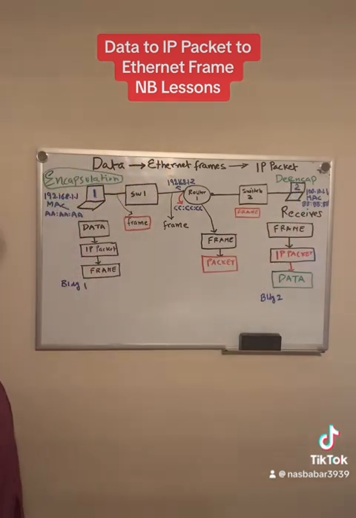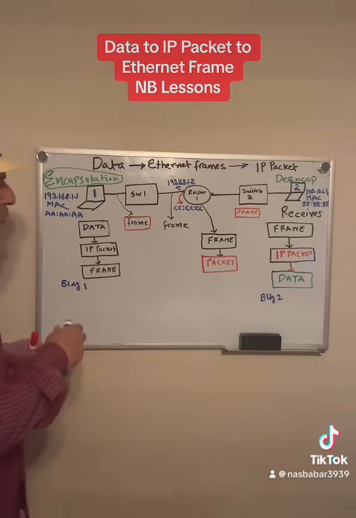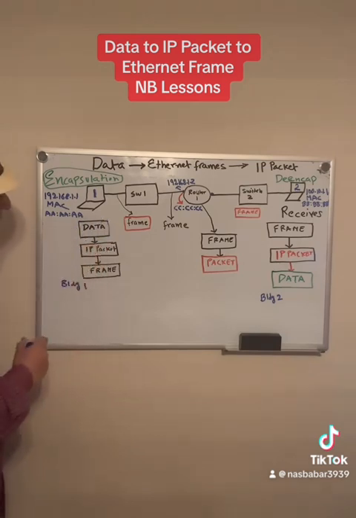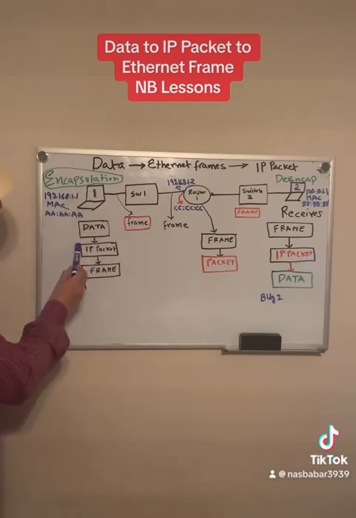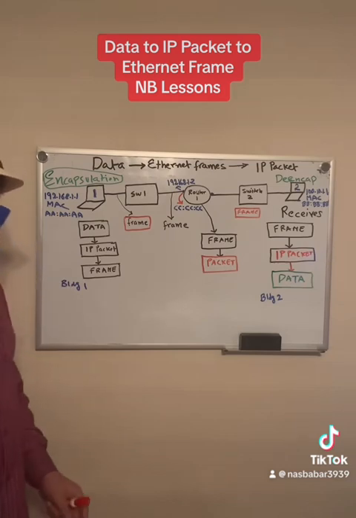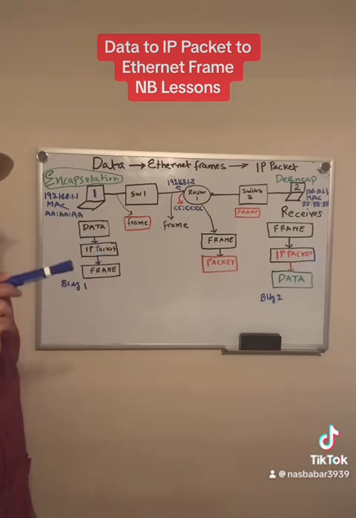So what happens first? Laptop 1 will obviously open up the Word application and type up whatever they need to type. That's data. Now that data is stuffed into an IP packet. IP packet is something which I went over in my lecture last time, so if you have any doubts, please go back and listen to my IP packet lecture.